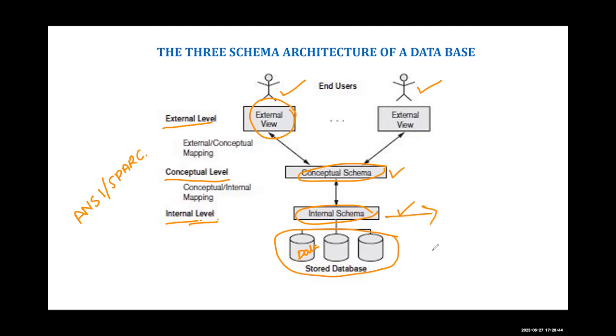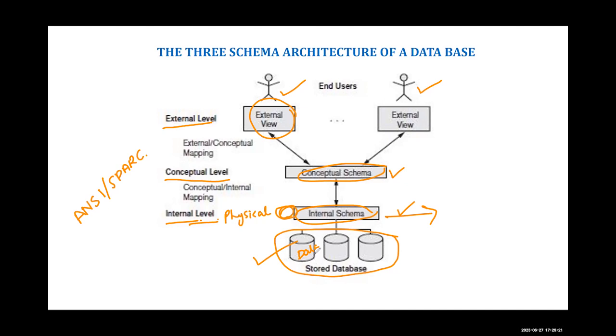Let us start with the internal level. What is the meaning of this? The internal level is the lowest level of data abstraction that deals with the physical representation of the database on the computer. Hence, it is also known as the physical level. So sometimes, apart from internal, it is also called the physical level. What does it do? It describes how the data is physically stored and organized on the storage medium. So this is nothing but my storage medium. Here in the physical level, I'm going to explain all the details about how my data is stored in the storage devices.